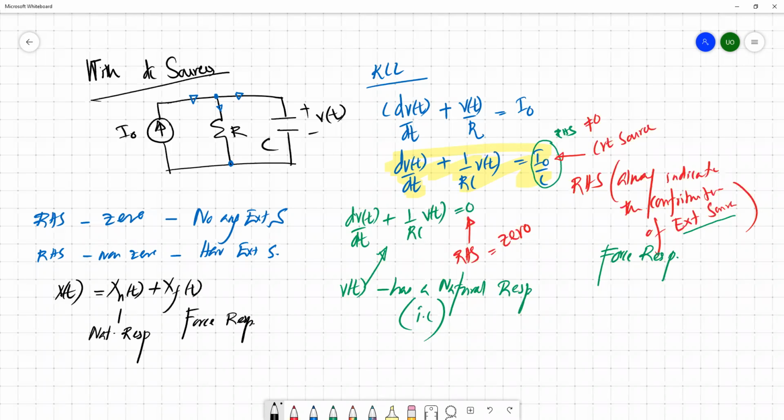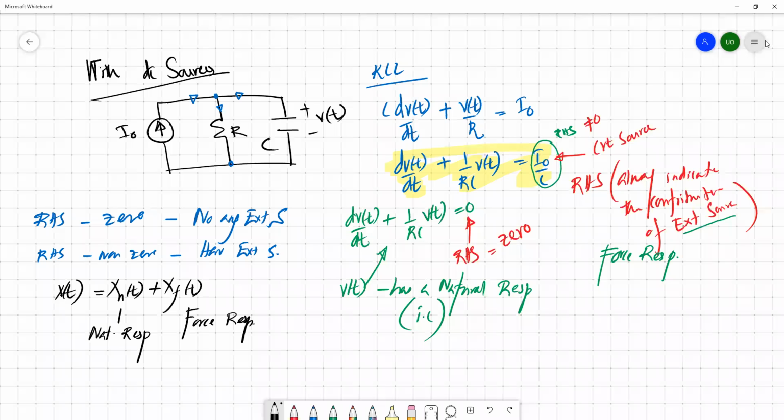The combination of these gives the total response of the circuit. Now if we have sources in the circuit, we need to evaluate these two quantities. One is the natural response, and the other is the forced response.